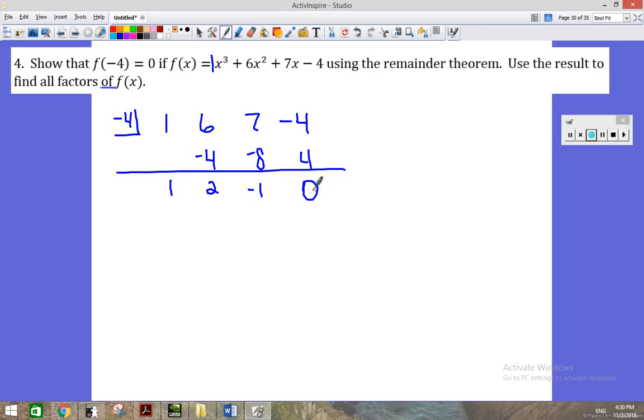And I get it. If I didn't get a 0 there, then either I've made a mistake or they've made a typo in their statement.